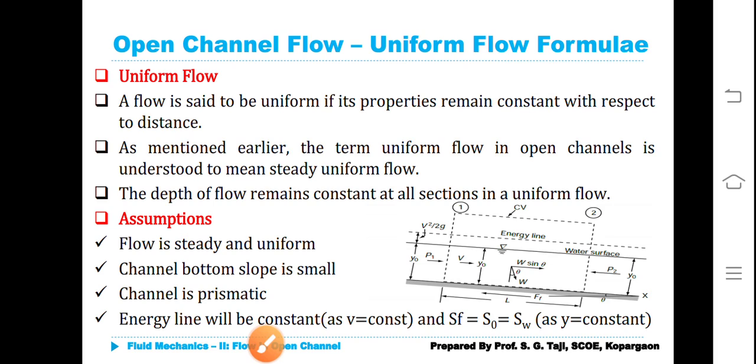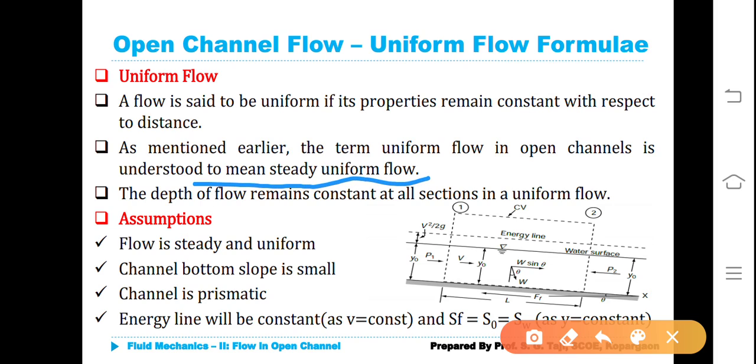As mentioned earlier, the term uniform flow in open channel is understood to mean steady uniform flow. The depth of flow remains constant at all sections in a uniform flow.